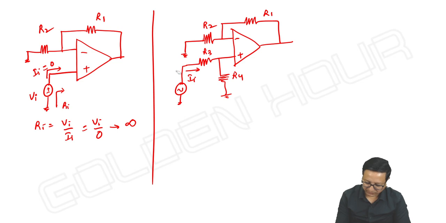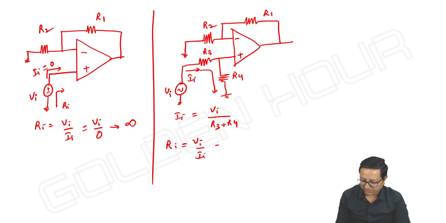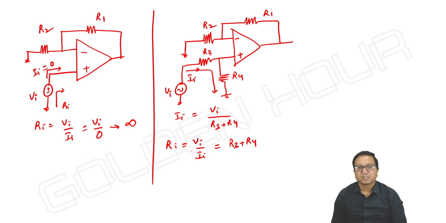Anything we can write, DC or AC source, doesn't matter. And what is the direction of I? Whatever Ii comes, entire Ii has to go like this only, where Ii is equal to V input by R3 plus R4. So Ri is equal to Vi by Ii. It is R3 plus R4. That's it. It's as simple as that. Just simply I'm deriving what is Vi by Ii, nothing else.